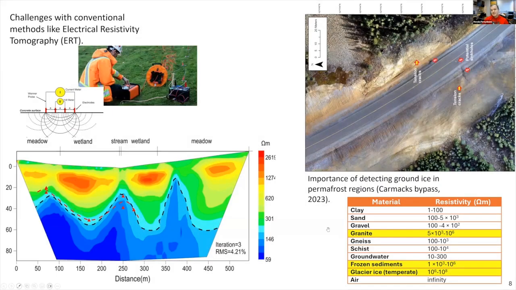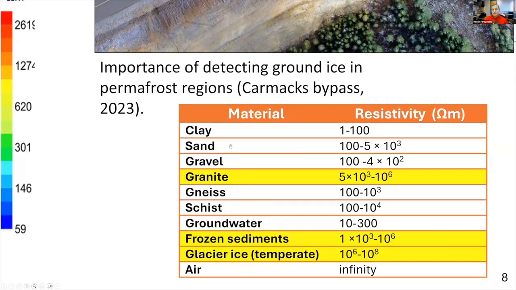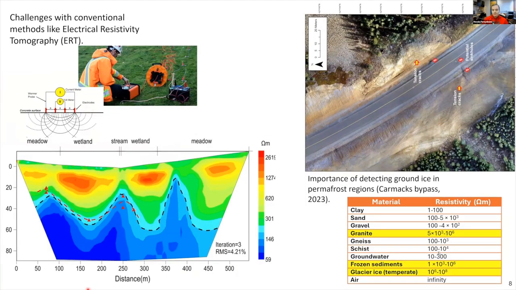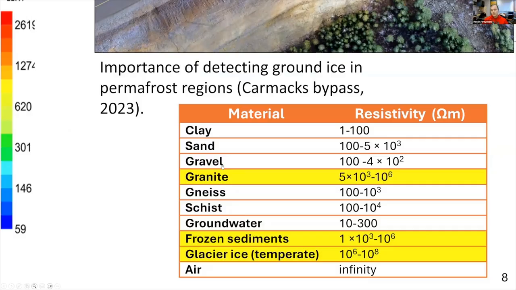But it's not the whole story. It's true that the difference between the resistivity of ground ice and other material is a real big difference, but somehow there is some overlap between frozen material and bedrock.